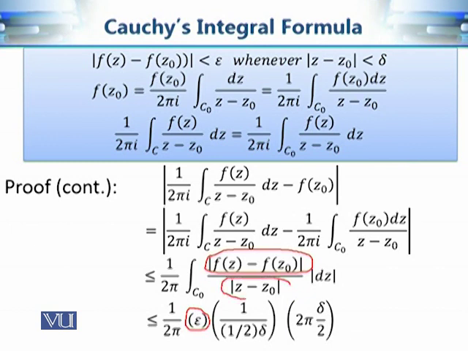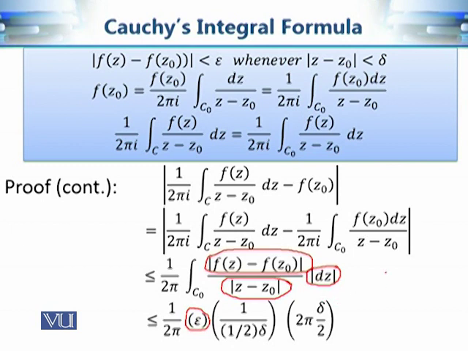This z lies inside this circle C naught, because we are taking the integral over C naught. That's why the distance between z and z naught is less than or equal to 1 over 2 delta. And then we have this modulus of dz.